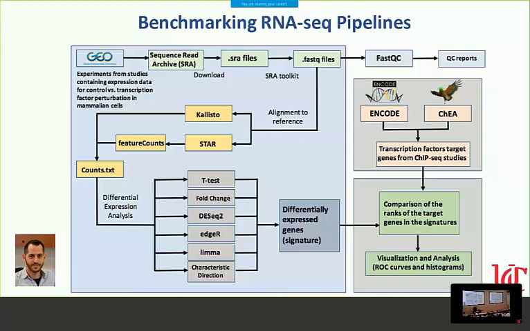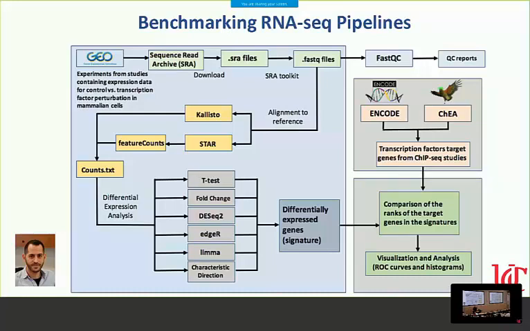So Alex uses Kallisto, which is a very fast aligner, to align all of those data sets. We wanted to benchmark Kallisto versus STAR to see if we get loss in our ability to extract the proper up and down genes.